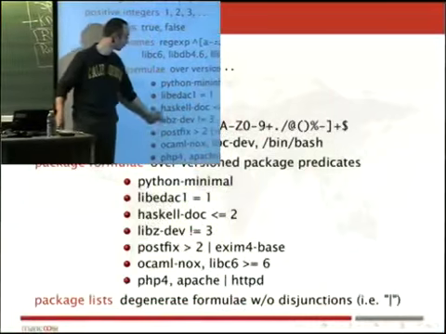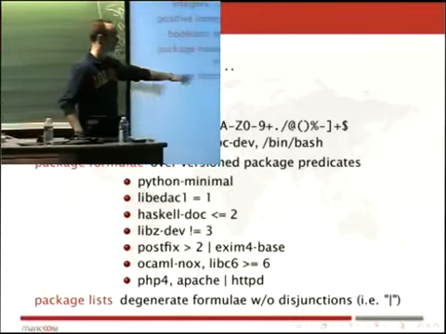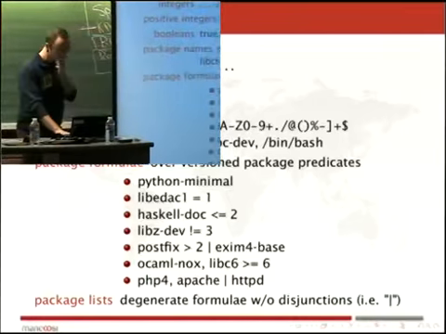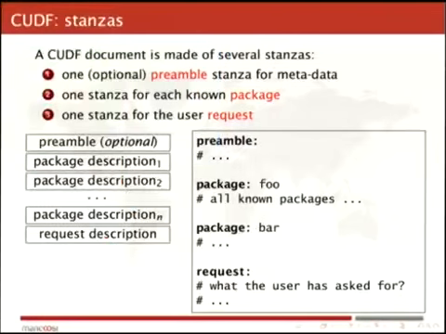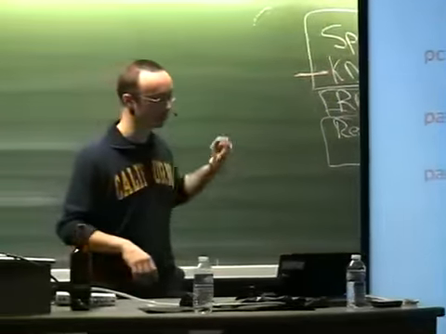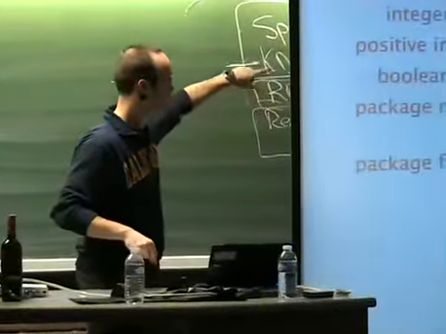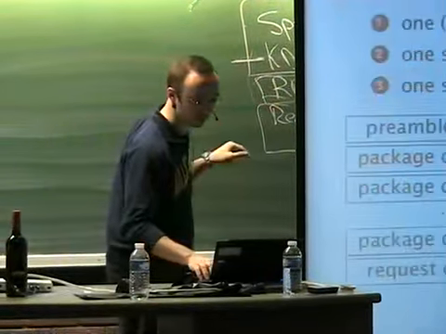So here, for instance, we are requesting that postfix is installed at a version greater than 2, or that exim4-base is installed. There is no specific version type, so I'll get to that in a minute. Versions are simple integers, but I'll expand on the subject in a bit.